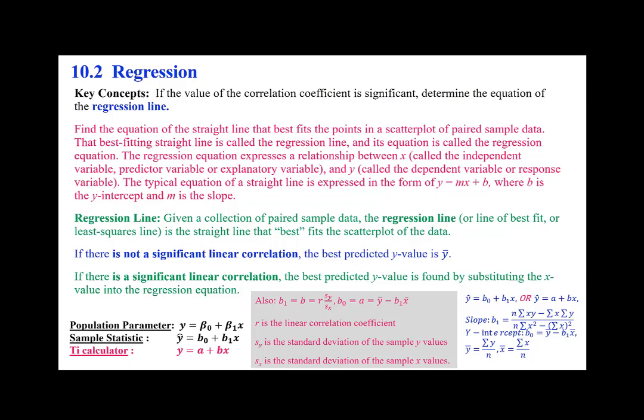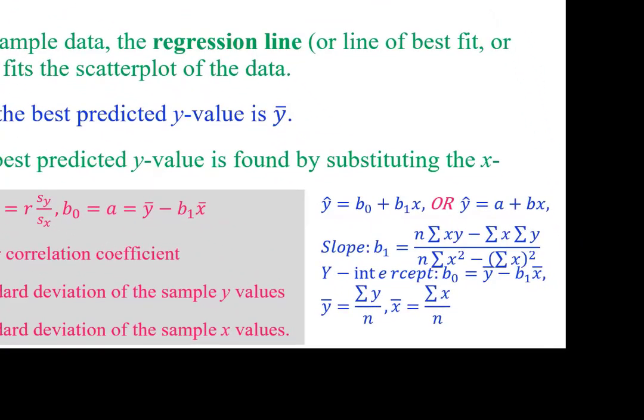Now, how do we do the calculation? If you look at the right side, the formulas are for the regression equation, and we are writing it in two different formats. Y hat is b sub 0 plus b sub 1 x, or y hat is a plus bx. I've seen that sometimes they even use y prime, by the way.